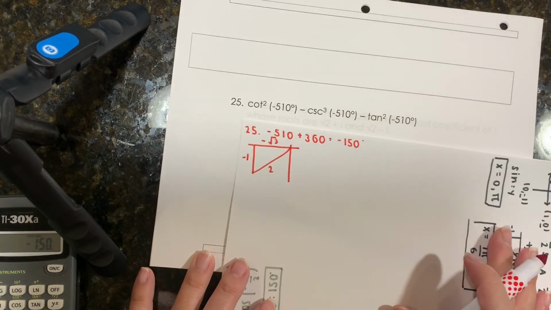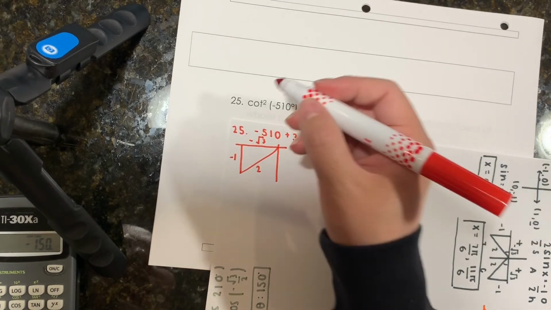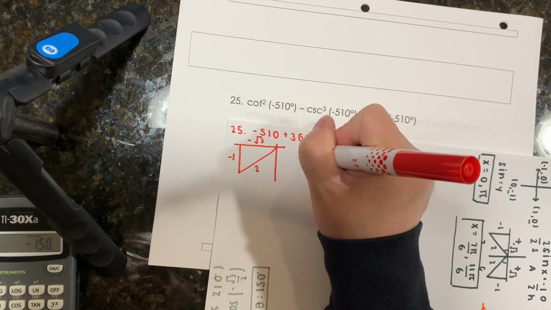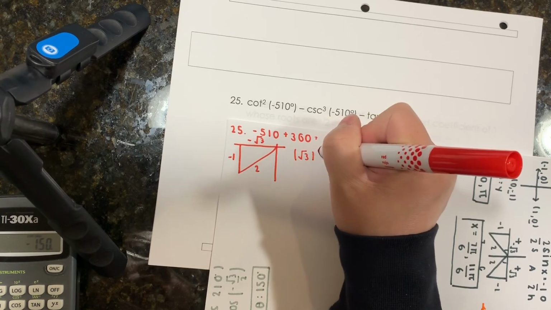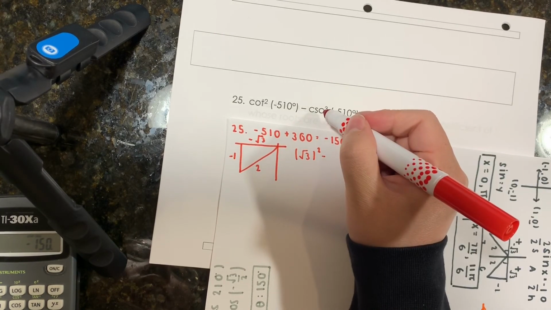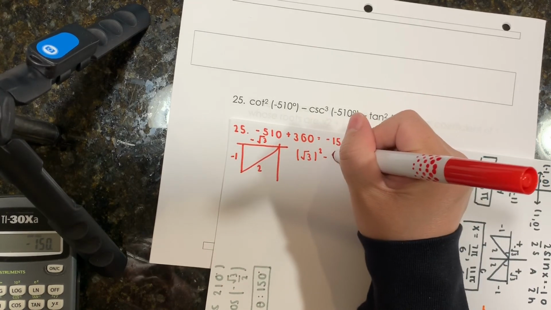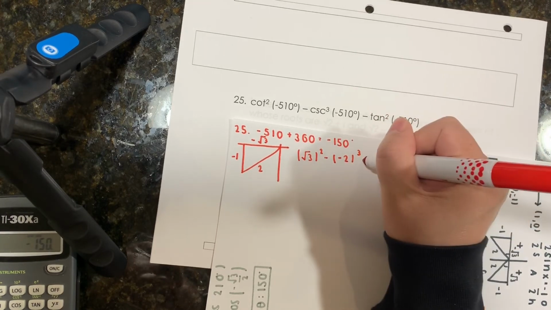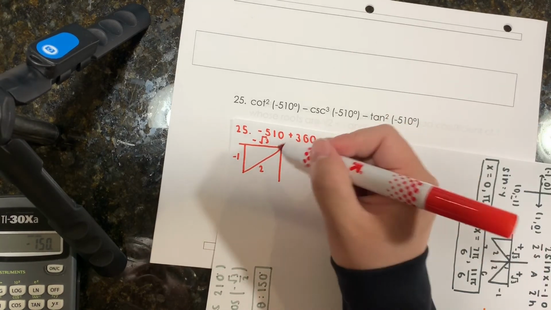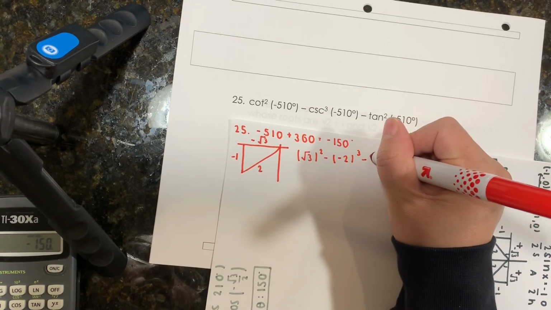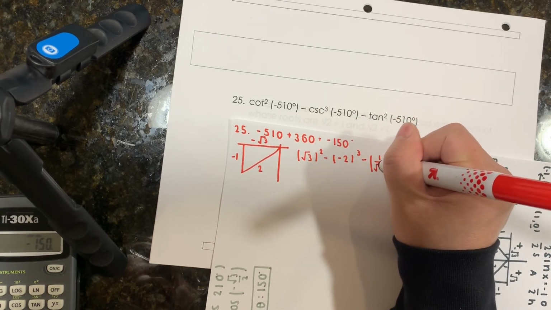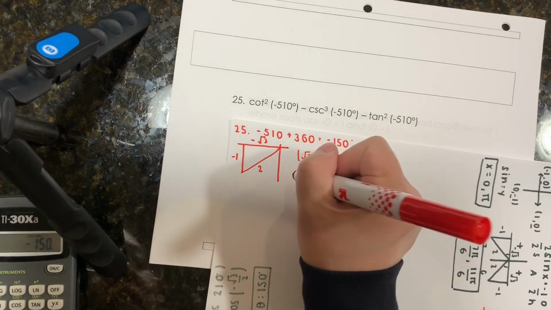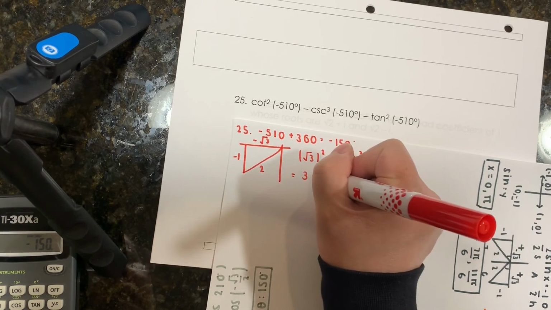And then I'm evaluating cotangent first. So cotangent is adjacent over opposite. So adjacent over opposite would be positive root 3, and then we would have to square that. Cosecant is hypotenuse over opposite, so that would be 2 over negative 1, giving us negative 2, and we'd have to cube that. And then tangent would be opposite over adjacent, which would be positive 1 over positive root 3, because negative over negative is positive. And we'd have to square that. Root 3 squared is 3.